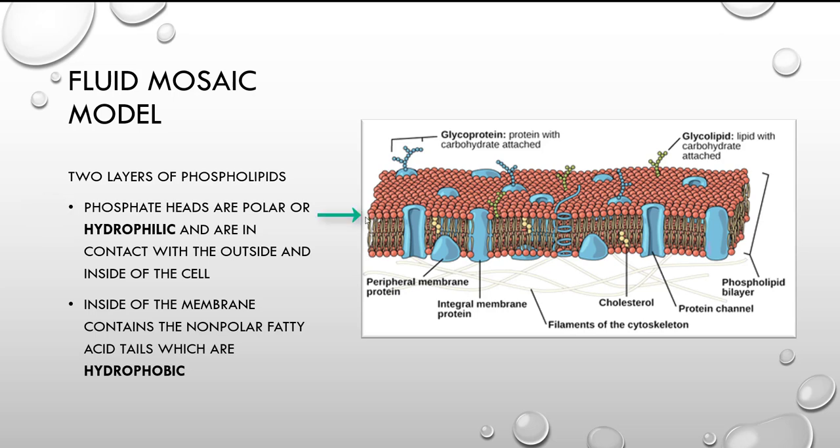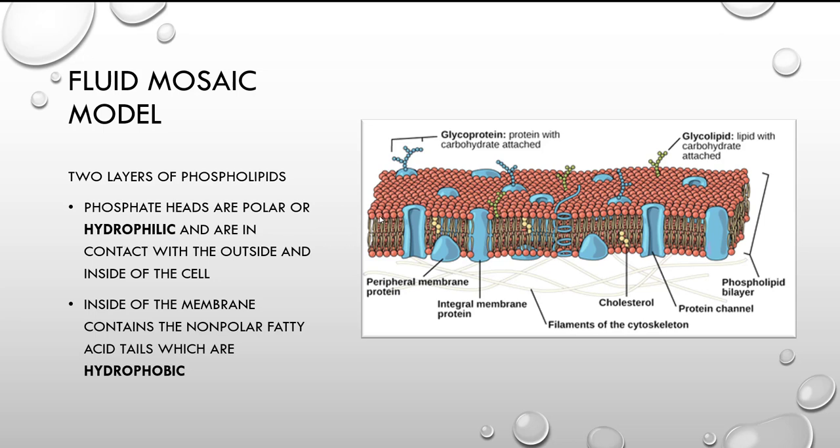And these orange balls, the phosphate heads, are polar. And if you remember, a polar molecule means that it is going to be attracted to water, or hydrophilic. Hydrophilic means water liking or loving. So polar means hydrophilic.